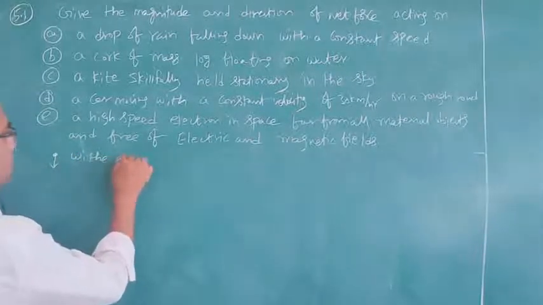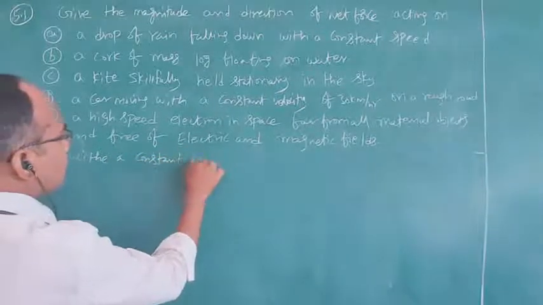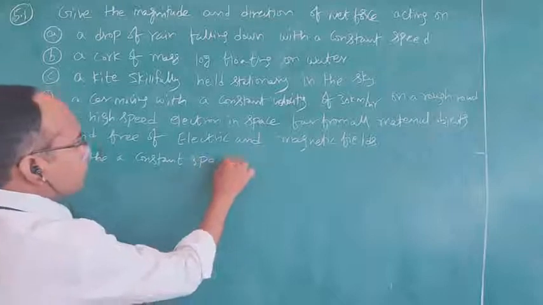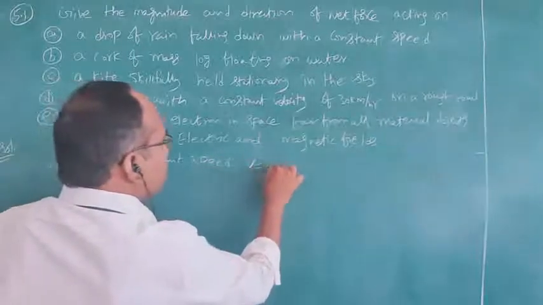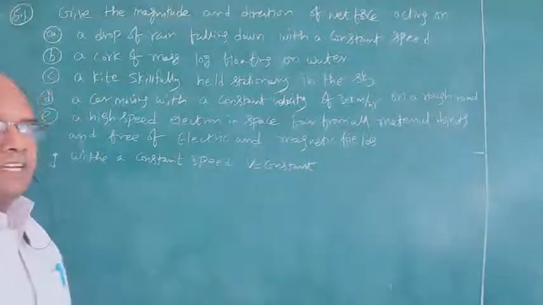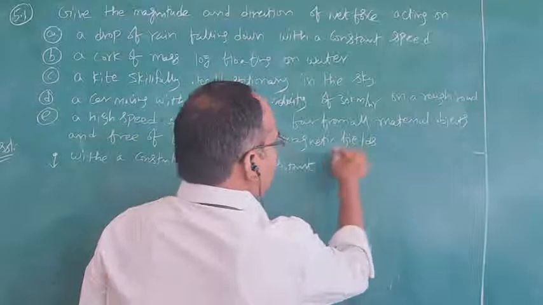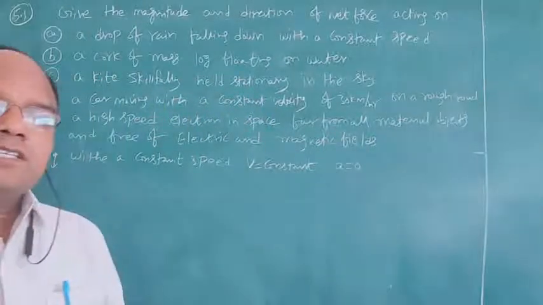V is equal to constant. So what is the acceleration? When V is constant, acceleration is 0.